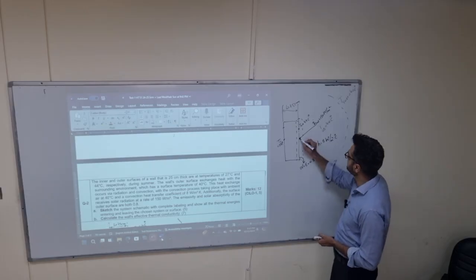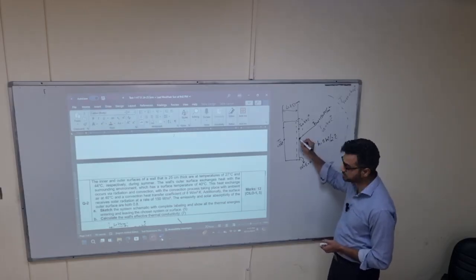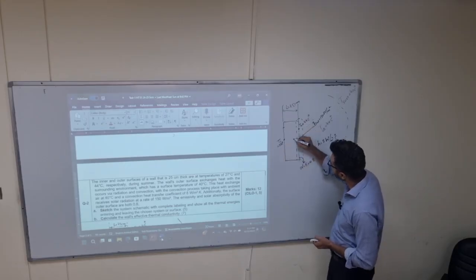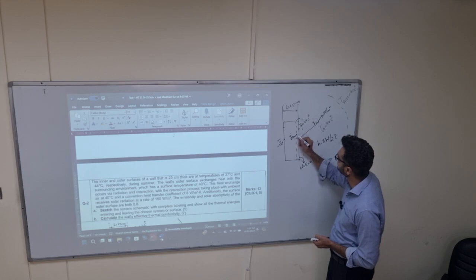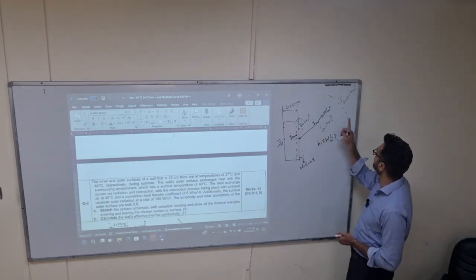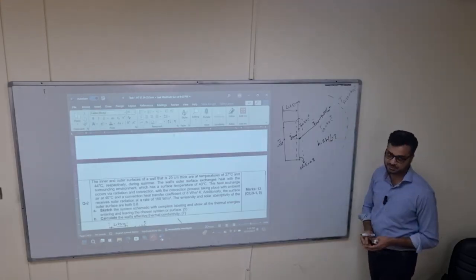So on that surface, this is the Q dot solar. There will be conduction from this point, because here you have 44, here you have 27, so the direction of conduction heat transfer will be this one. Here there is 44 and here you have 40, both fluid and surrounding surface at 40.